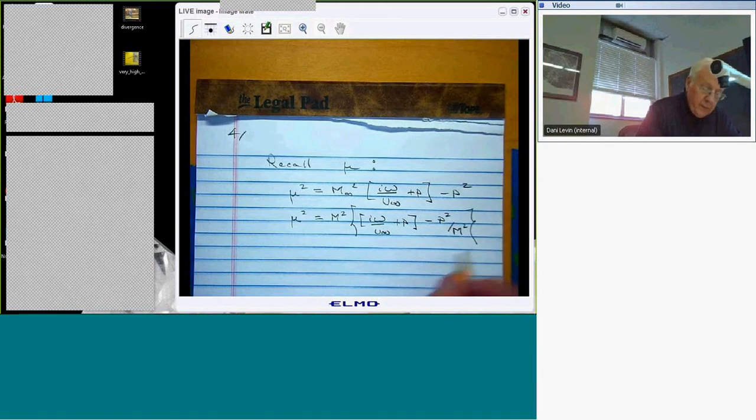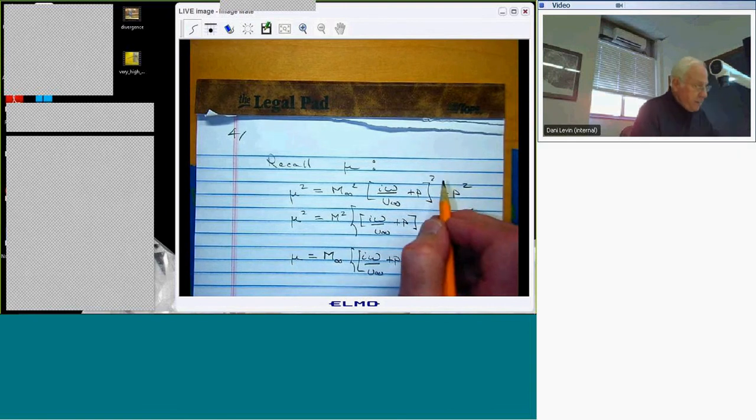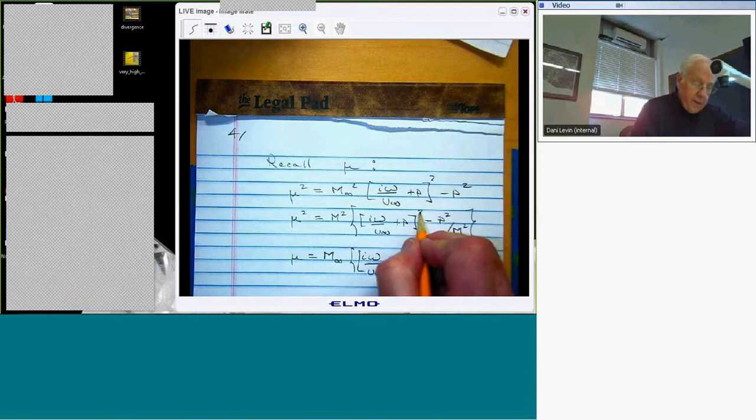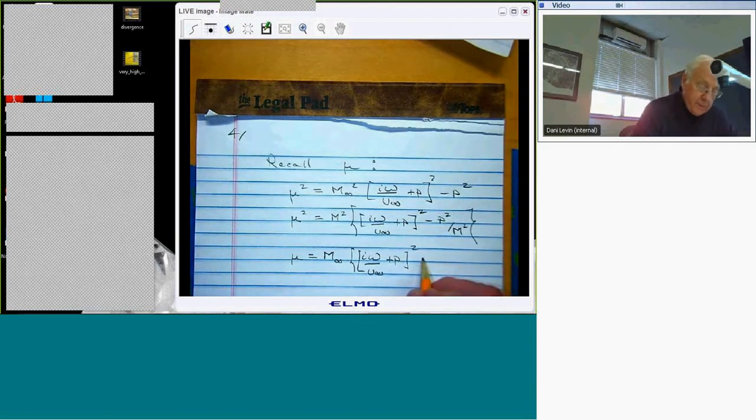If I'm going to take this m squared outside, I've got to put an m squared down here, right? This is squared too, isn't it? I think it is, yes. Fine, I dropped a factor there. Sorry about that. Square rooted, right?